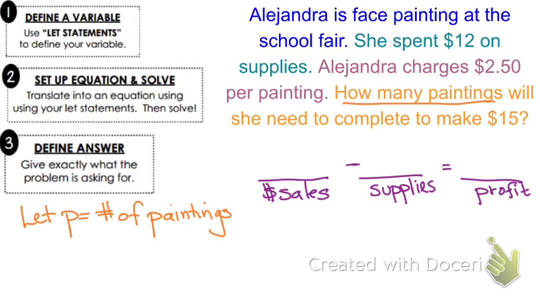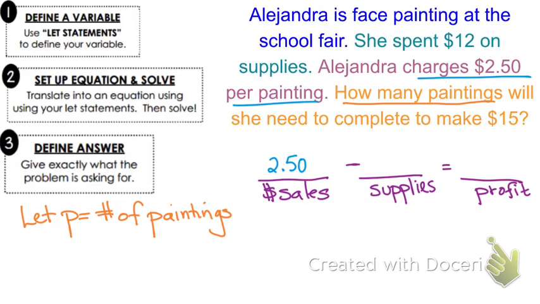So now let's fill in this structure, the skeleton, with the numbers we have in the problem. So how much money is she making from the sales? Well, she charges $2.50 per painting. So remember, she's not just going to get $2.50. That's just if one person asks to have their face painted.